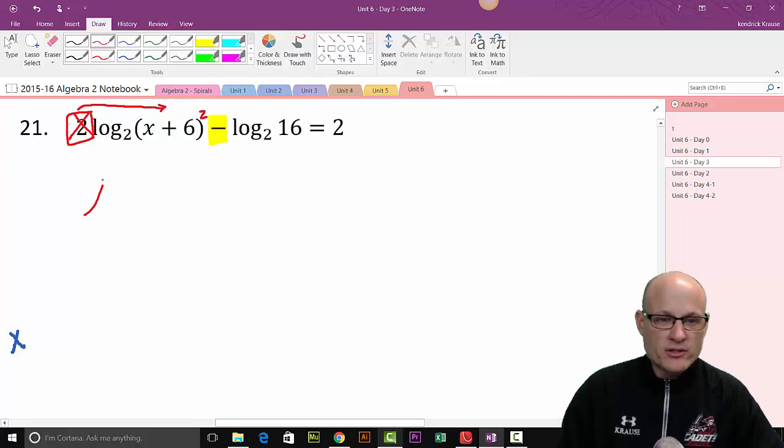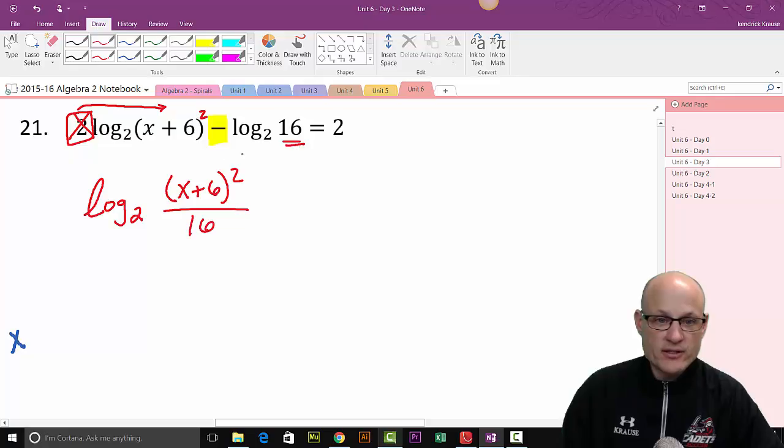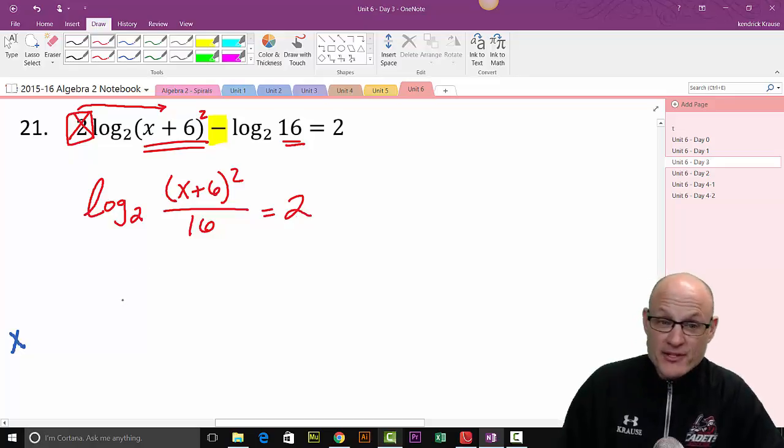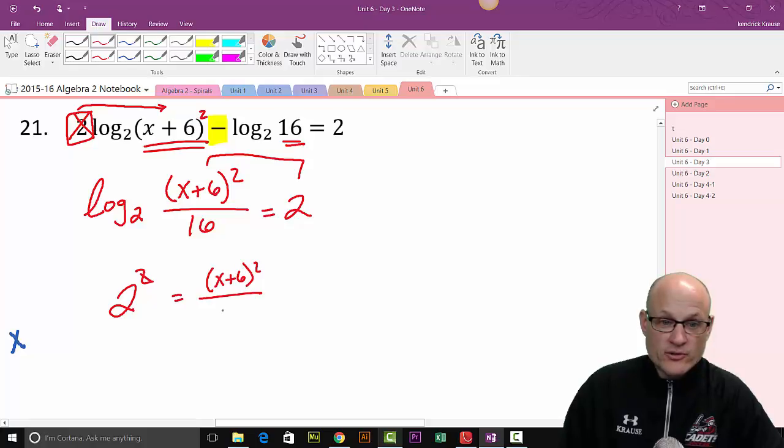So what I end up with is log base 2 of x plus 6 squared over 16. We're going to divide this thing and this thing, equals 2. Oh yeah, it's all about that base. So even with these problems, nothing changes. The base stays 2. These two things change places. 2 squared equals x plus 6 squared over 16.